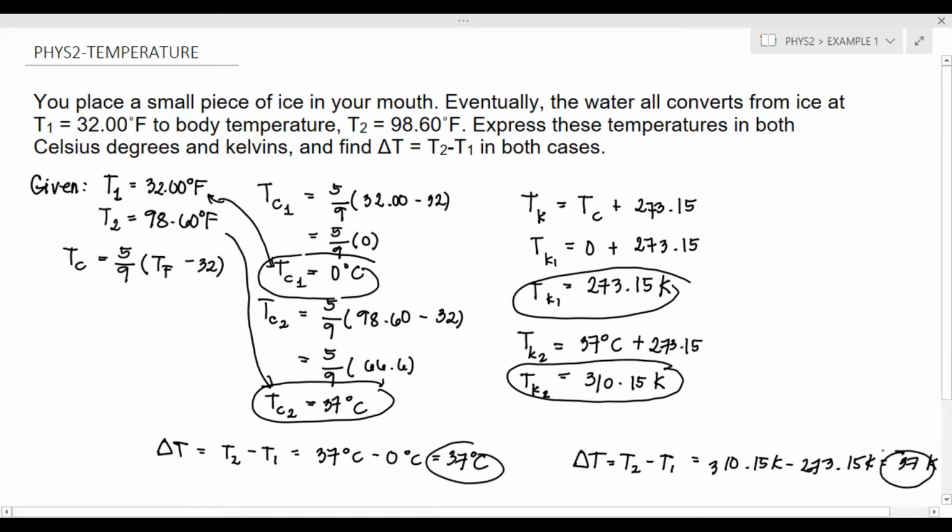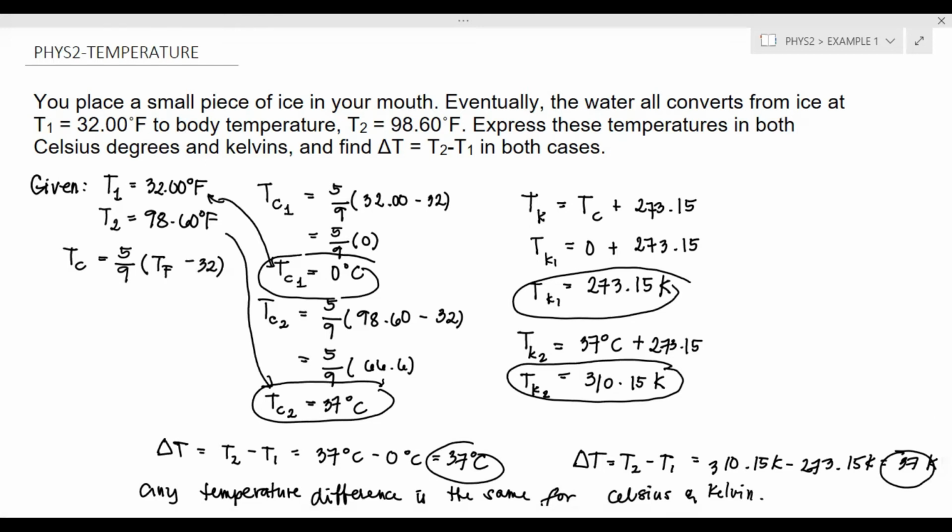So take note that any temperature difference, or delta T, is always the same for Celsius and Kelvin.